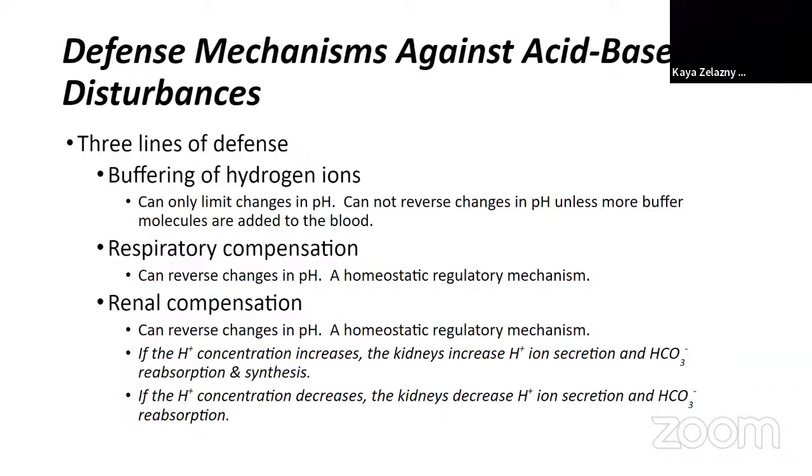We could add more buffer, which would help us continue to maintain our pH, but we're not actually removing anything from the body with this mechanism. So the second way we're going to be able to compensate for pH disturbances is through respiratory compensation.